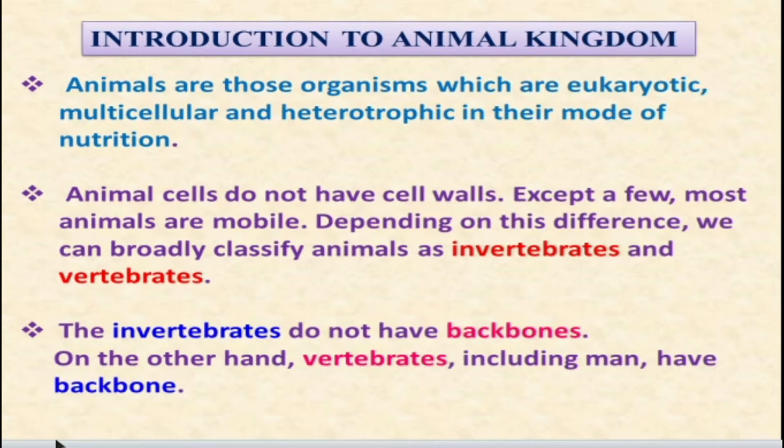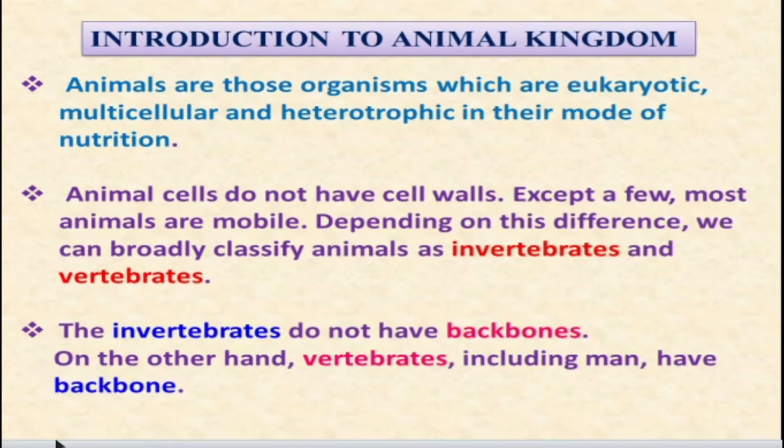Second one, animal cells do not have cell walls. We clearly know only plants have a cell wall, except a few. Most animals are mobile. Depending on this difference, we can broadly classify animals as invertebrates and vertebrates. Mobile means moving from one place to another place.